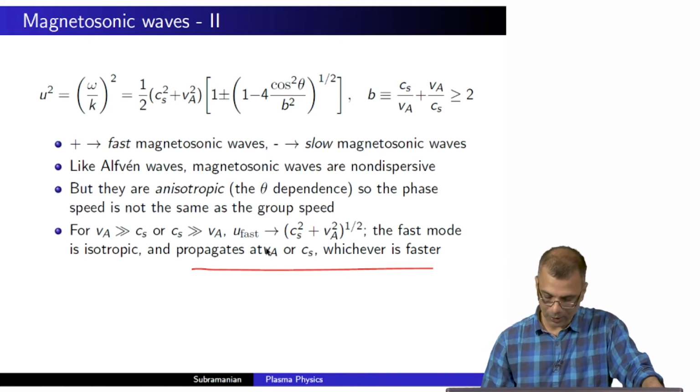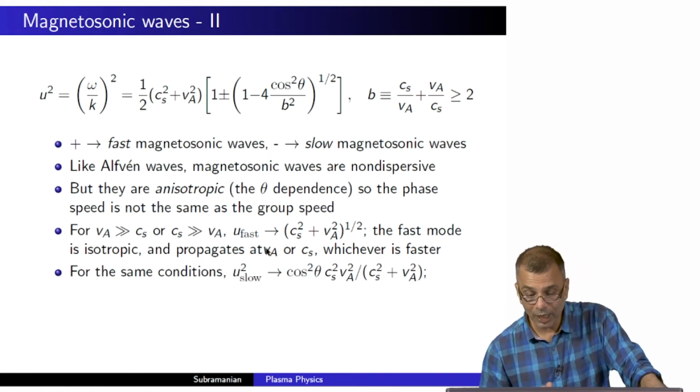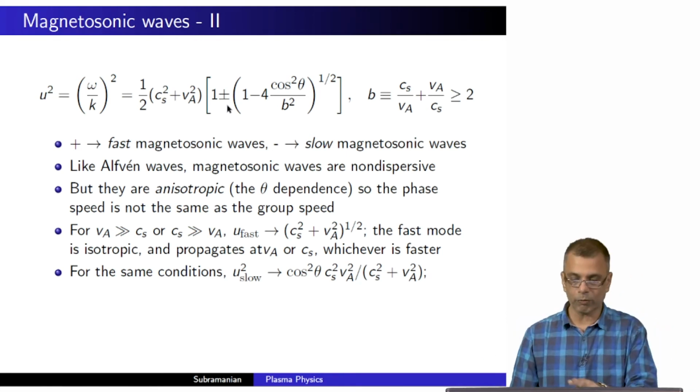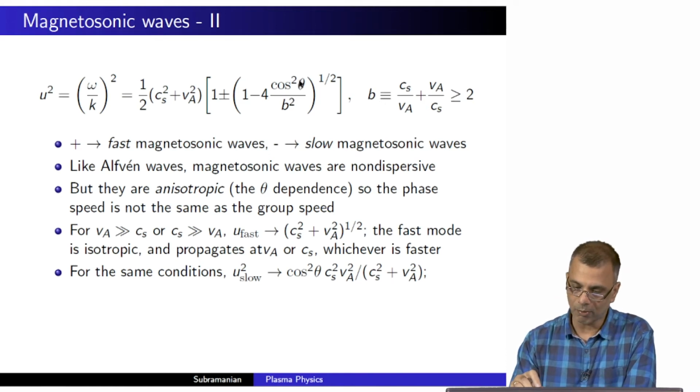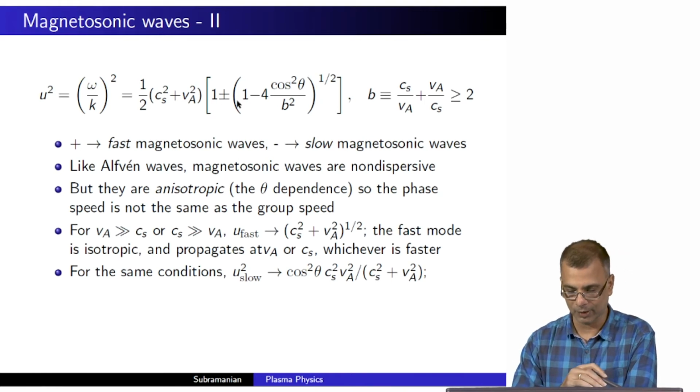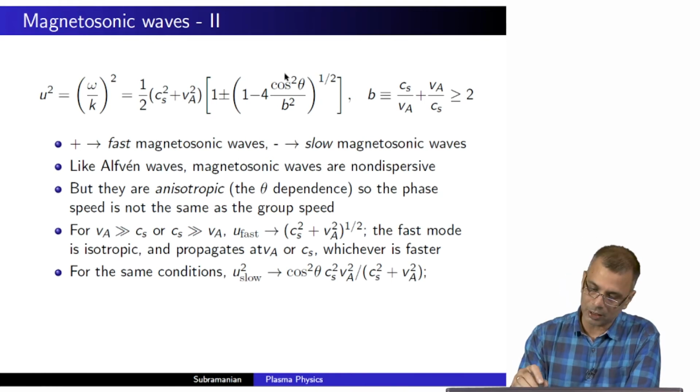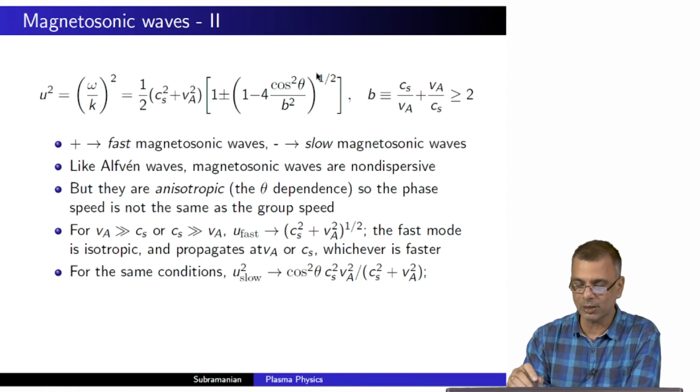Okay, so this is one interesting observation. For the same conditions, in other words, where B is much larger than 1, the cosine squared theta over B squared term is still negligible. But you are now considering the negative sign here, so you get 1 minus 1. This is still negligible, but you cannot simply take 1 minus 1 to be equal to 0.